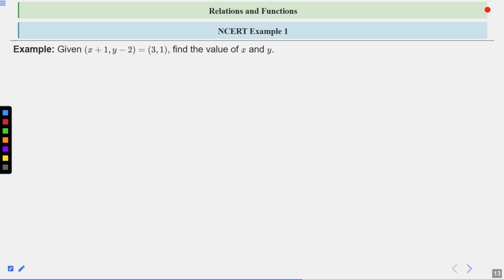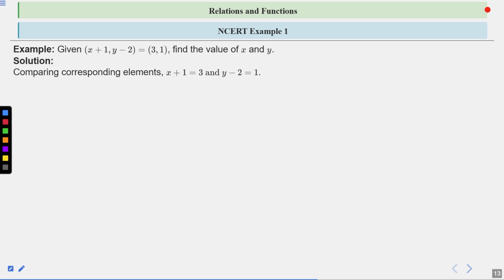Now, another example related to ordered pairs and the remarks we have seen. You are given that this ordered pair is the same as this ordered pair. Find the values of x and y. Very simple, very easy. So, solution.